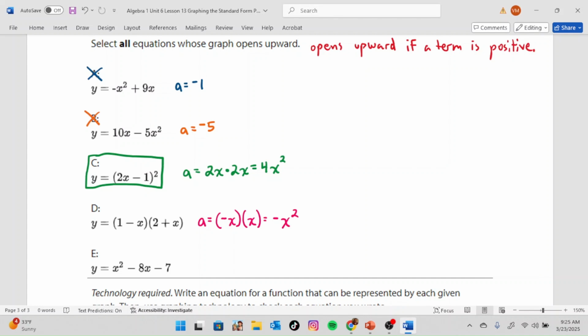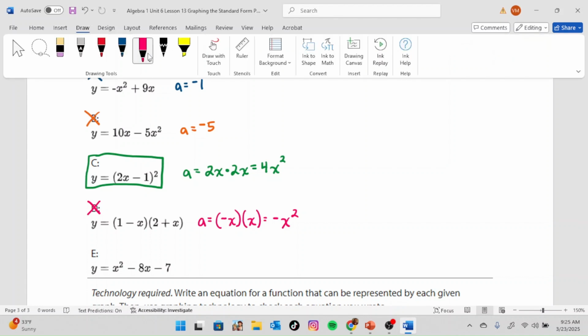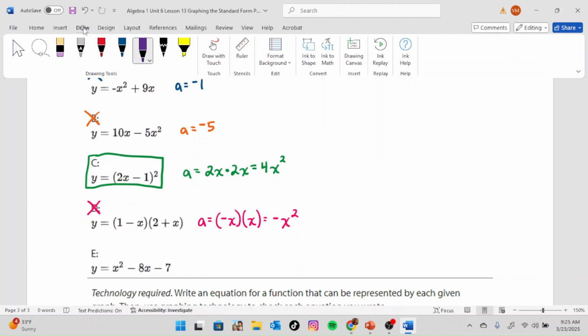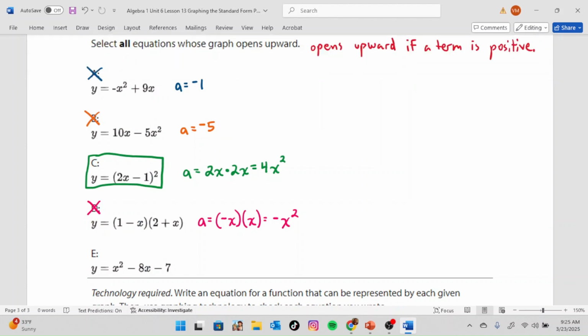Since that is negative, it's going to open downward, not upward. So D is incorrect. And finally, choice E, we see that the A term is 1. Because that is positive, E is also going to open upward.